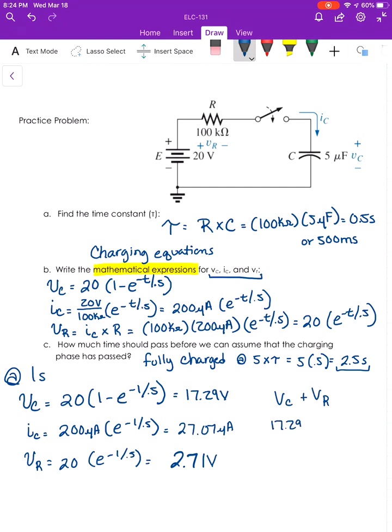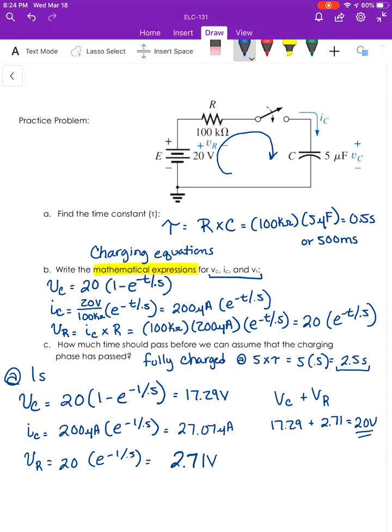Okay, I want you to notice something: if we took our VC plus our VR, that's about 17.29 and 2.71. What would that equal? You guessed it, that's about 20 volts. Remember, Kirchhoff's voltage law says that the sum of the voltage rises minus the voltage drops around a closed loop has to equal 0.